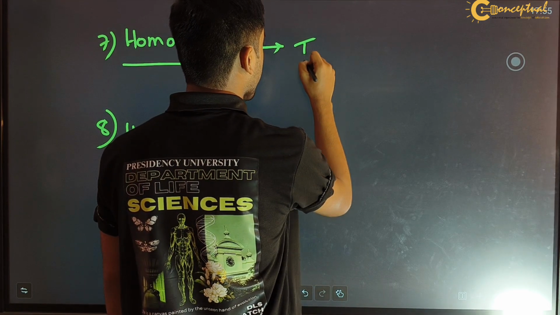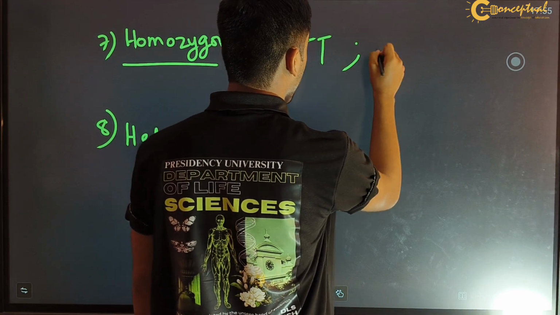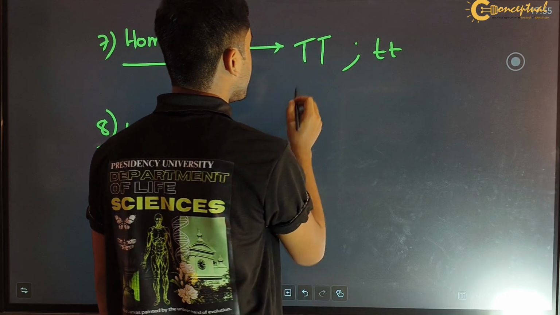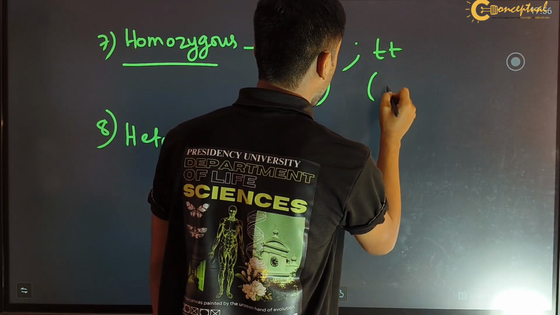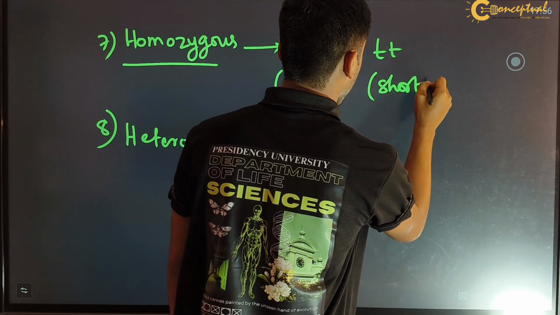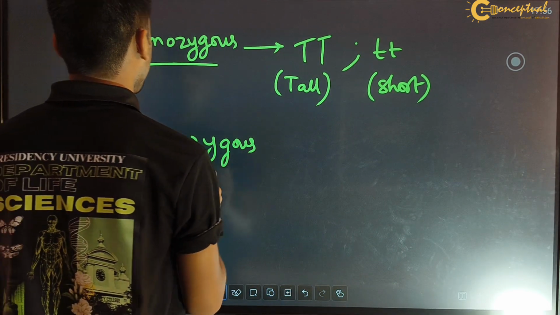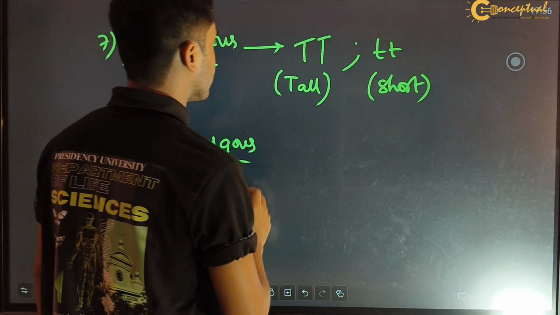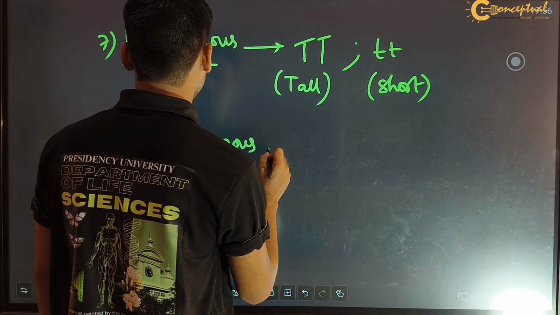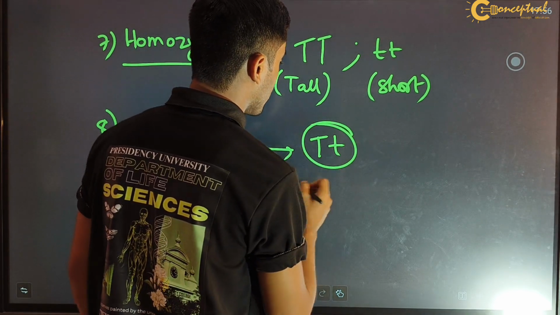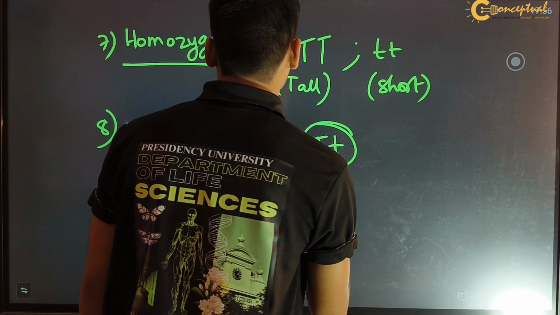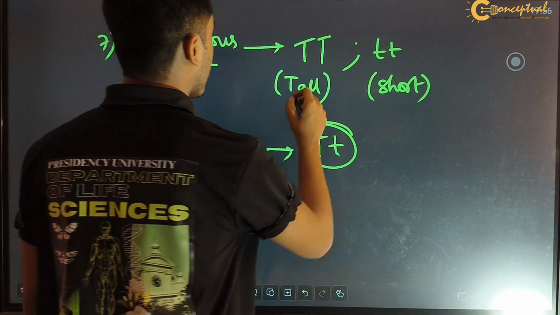So they can either be capital T or small t, where capital T refers to a tall organism and small t refers to a short organism. There is no intermediate in case of homozygous because both the alleles are of the same type. Whereas in case of heterozygous, one allele will be dissimilar to that of the other, and this is known as heterozygous.